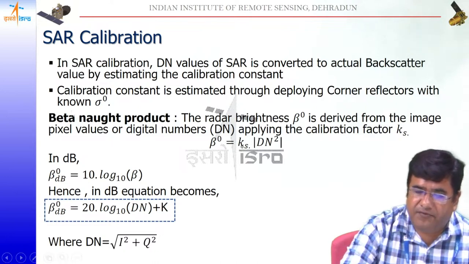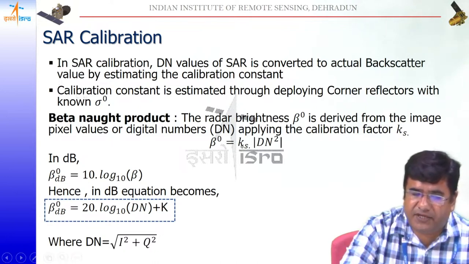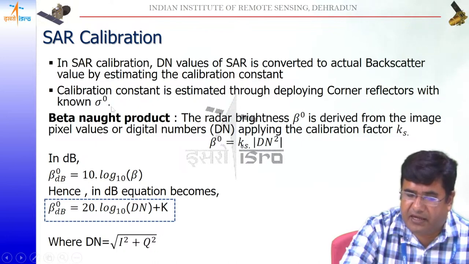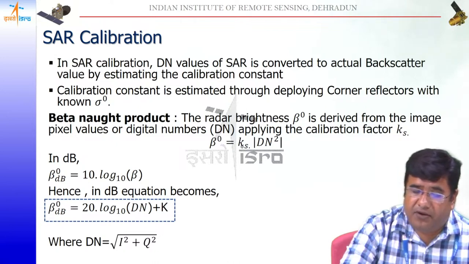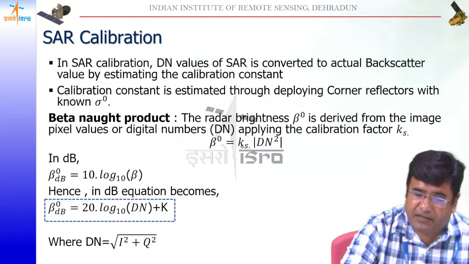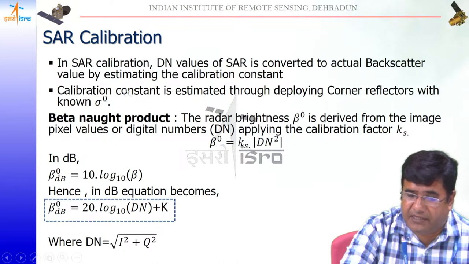For that, every SAR sensor gives a calibration constant, which is the sigma naught or beta naught values. So we can convert the DN values to the backscatter value by using this calibration constant.